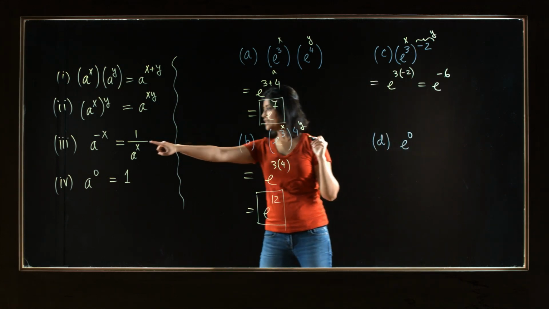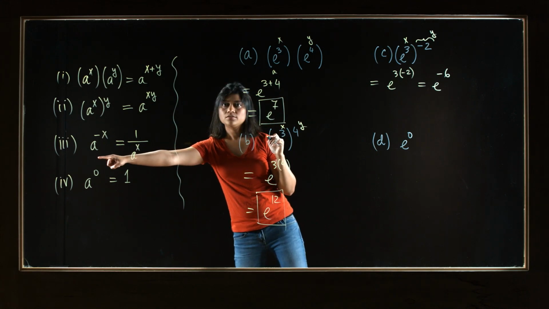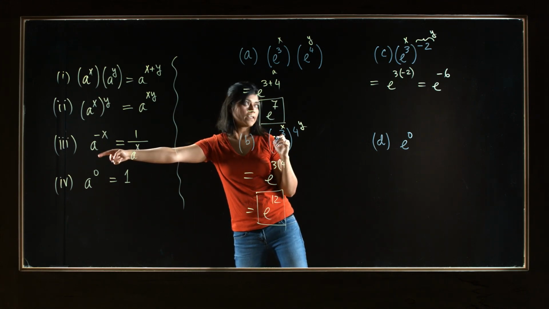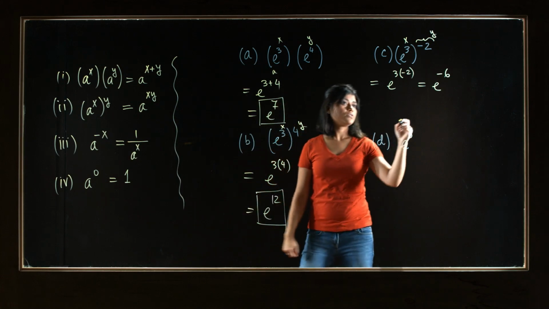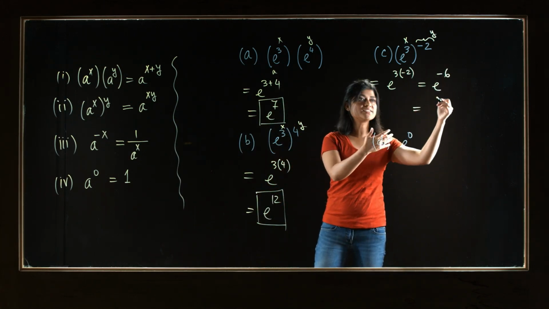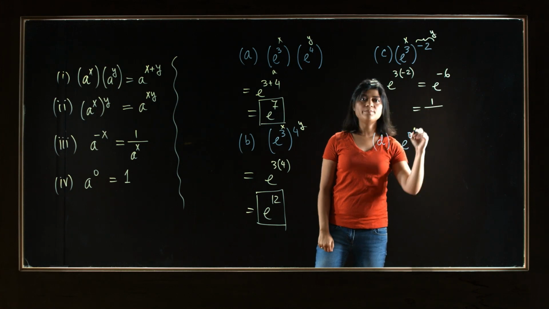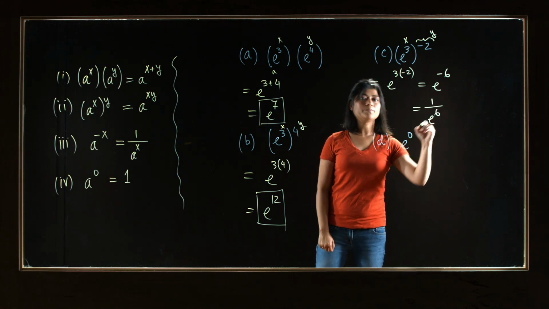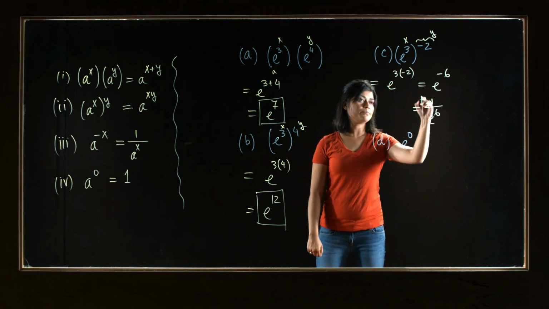But then notice that this looks like the third property. So you can simplify it further by making the exponent positive by saying this is same as 1 over e to the power 6. So that's the simplified form.